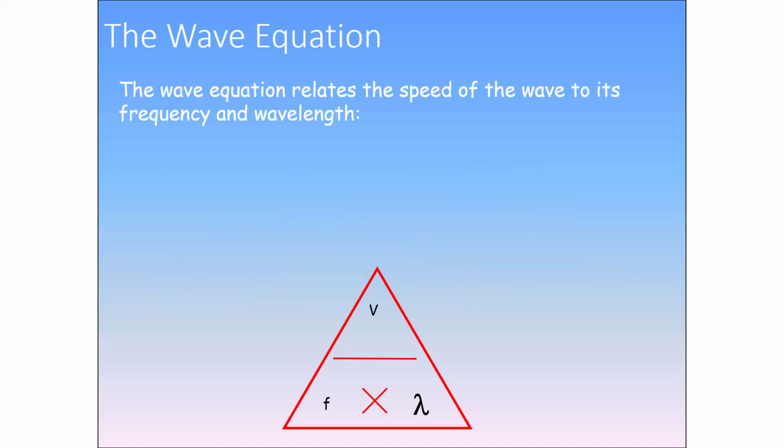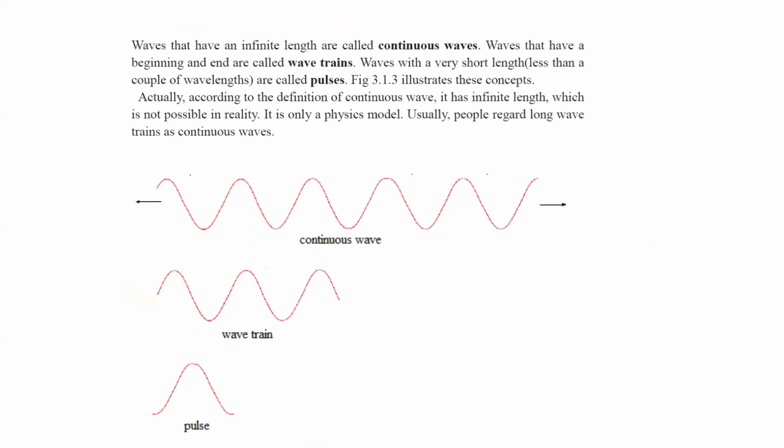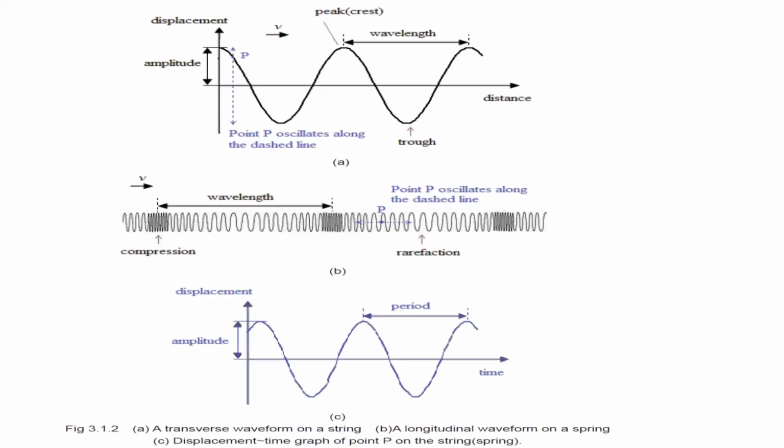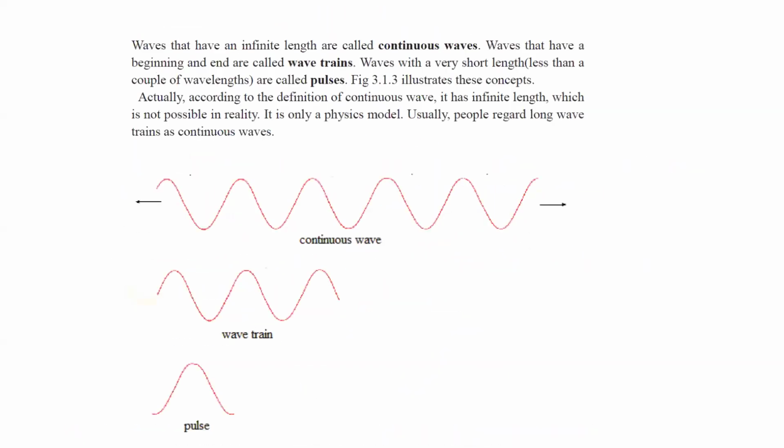Then we have another category, the continuous wave, like the difference between the continuous wave, the wave train, and the pulse. The term continuous wave means, for example, if you're not able to recognize the starting and the ending point of the wave, you will call that a continuous wave.